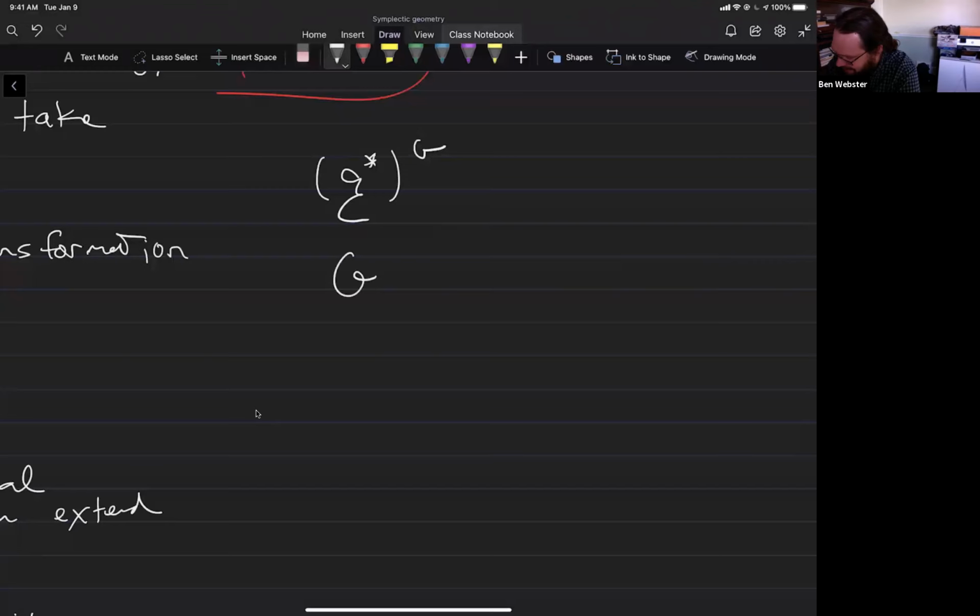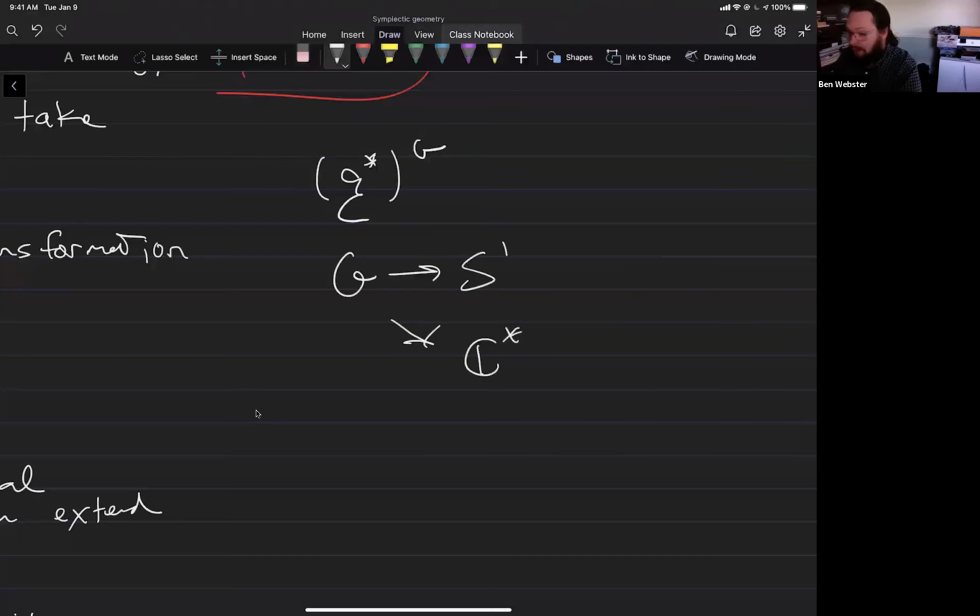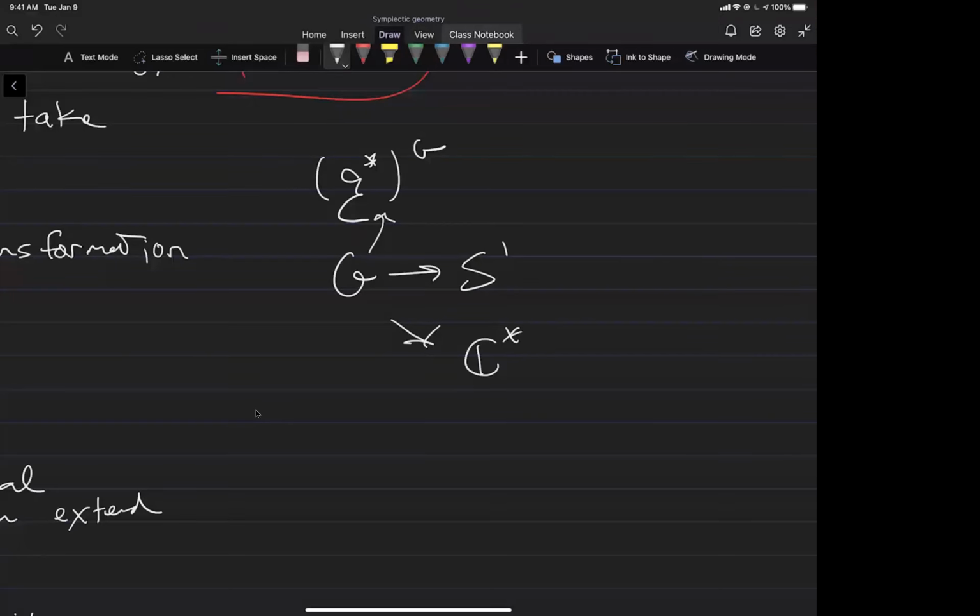I want to think about the fact that if I have a character of my group, a map from G to S1, or if I'm thinking about a complex group, I'll want C star, that gives me a point in here. And it is basically in that situation that you expect to get a complex line bundle, coming from an actual homomorphism like this.